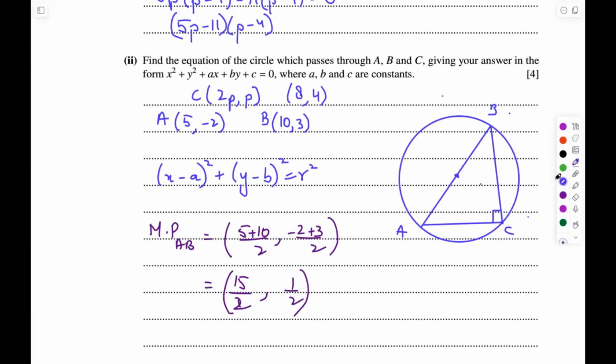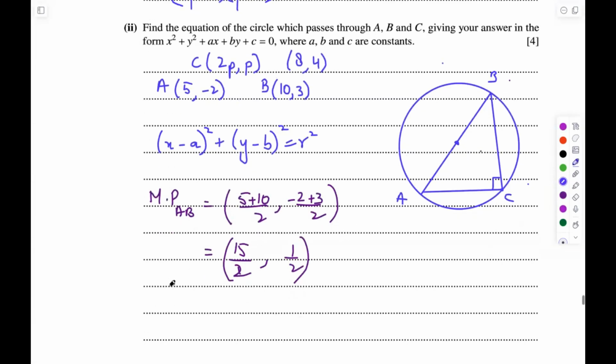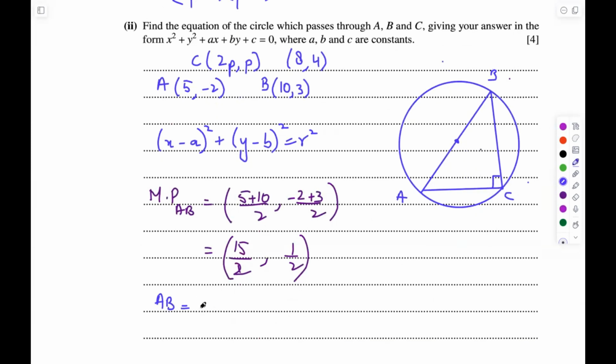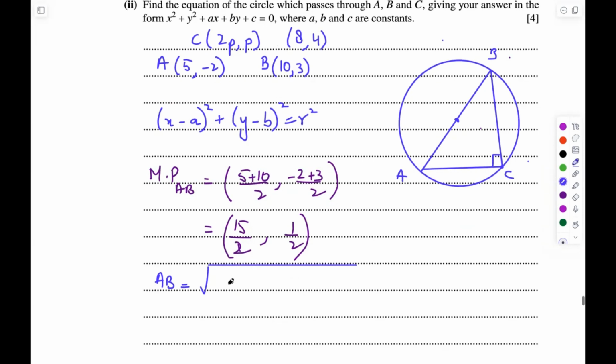Now to find the radius, we can find the distance AB and divide it by 2. So the distance of AB will be the square root of x2 minus x1 whole squared plus y2 minus y1 whole squared. This will become 10 minus 5 whole squared plus 3 minus minus 2 whole squared, as minus minus makes it a plus. So we'll get 5 squared, which is 25, plus 5 squared, so the square root of 25 plus 25.